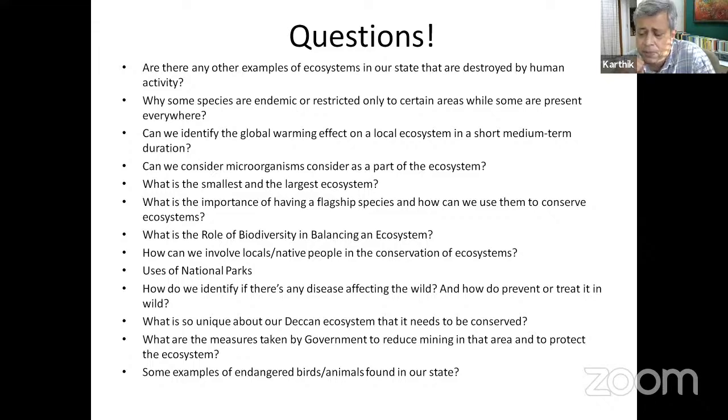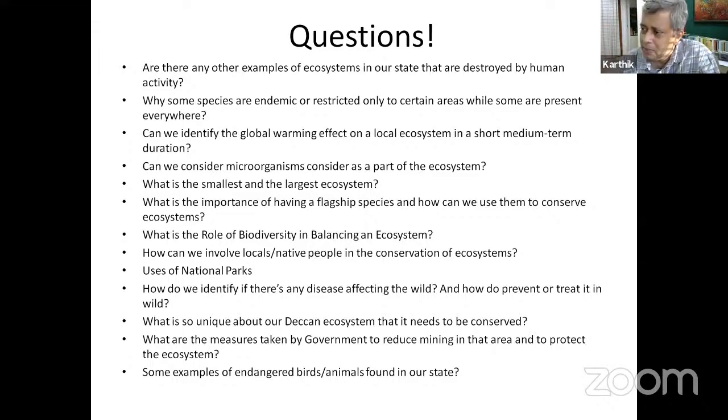Some examples of endangered birds and animals in our state, I have already amply explained in my previous answer to the question of why the Deccan ecosystem is important. Our state had the great Indian bustard. The place you see today as the Rajiv Gandhi International Airport, that area had bustards, and there were bustards seen along the road to Adilabad.